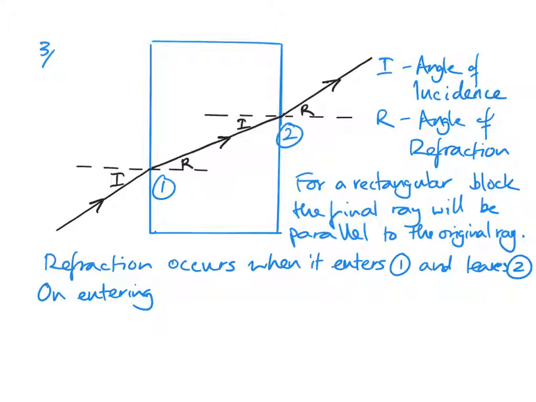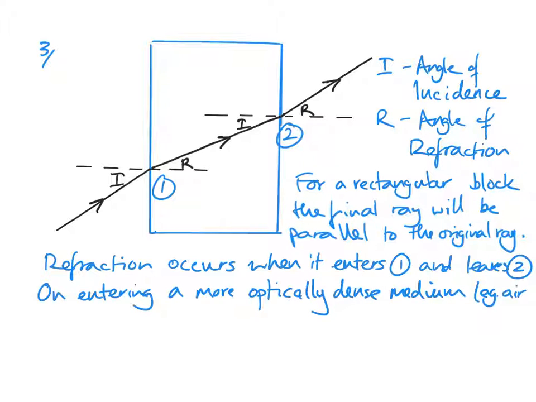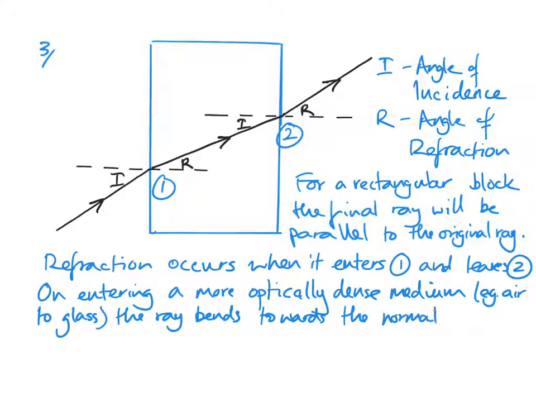On entering what we call a more optically dense medium, e.g. going from air to glass, the ray bends towards the normal. I.e. the angle of refraction will be smaller than the angle of incidence. Like that first surface there, angle of refraction smaller than the angle of incidence.